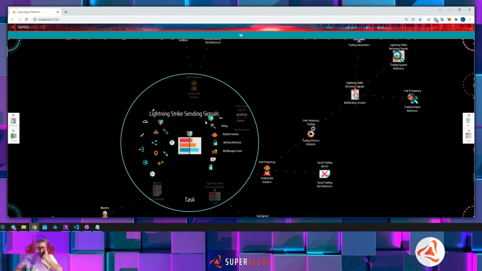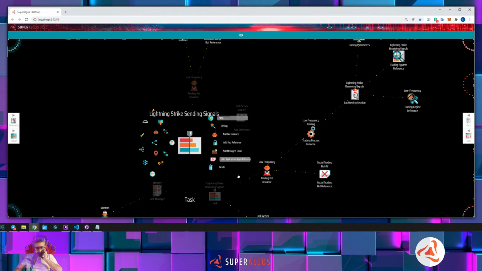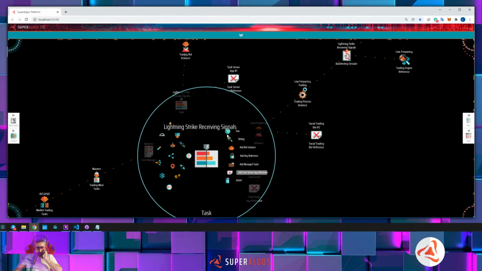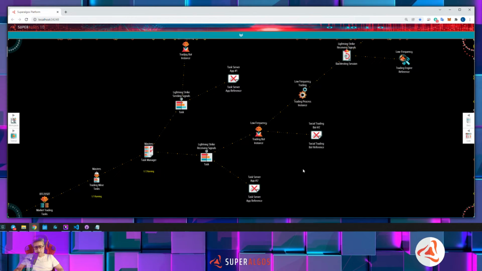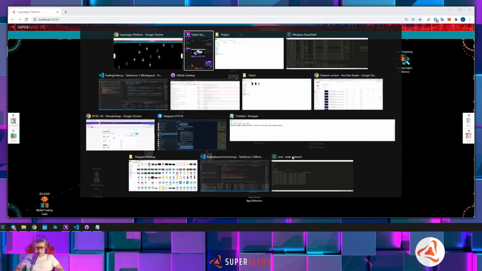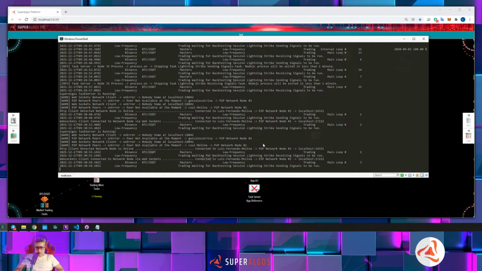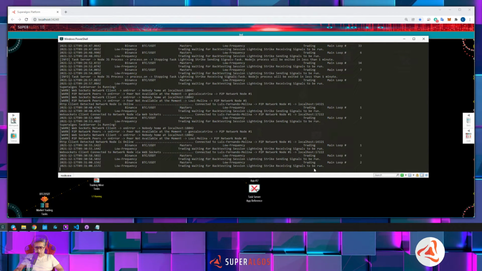Let's give it another try. So both stuff are running and connected to the network node.